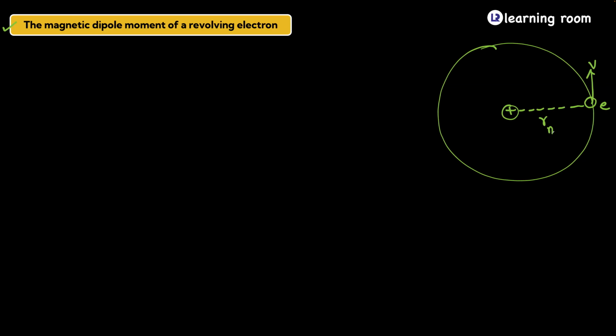So it is going to be Rn. Now, I first need to understand how much current is generated by this electron in one revolution. I'm interested in finding the value of the current generated when it completes one such revolution.